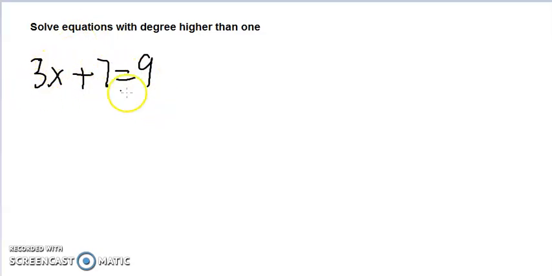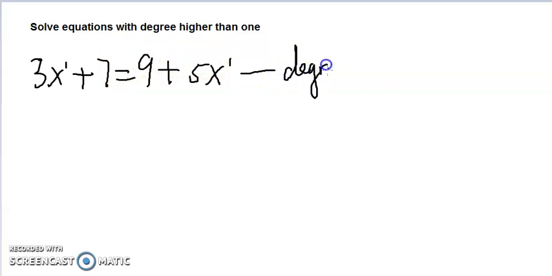But in all those equations, the variable x has an exponent of 1. x means x to the first. So the highest power of x is equal to 1. We call the highest exponent the degree. So what's degree? The highest exponent of the variable.